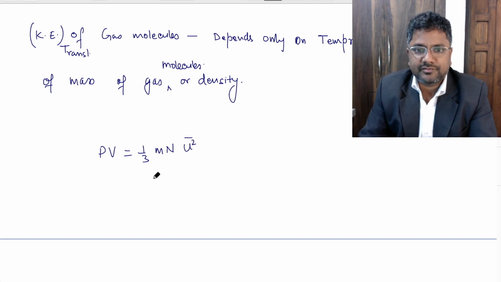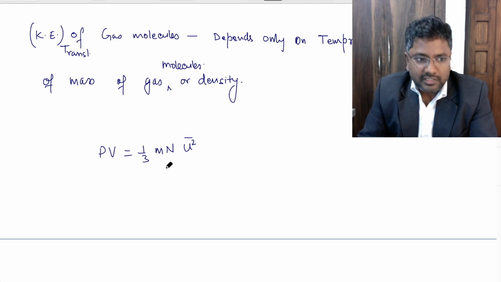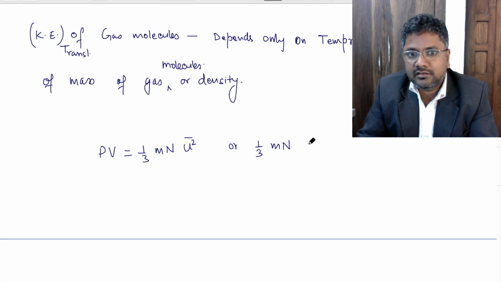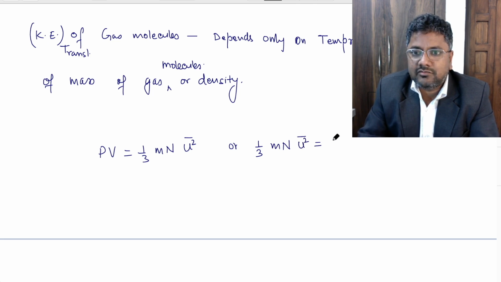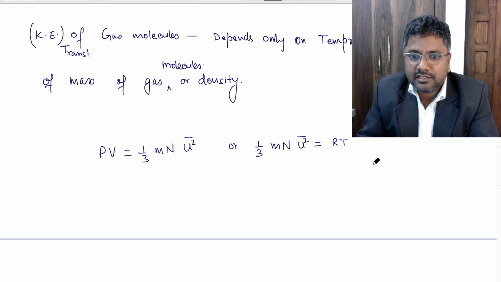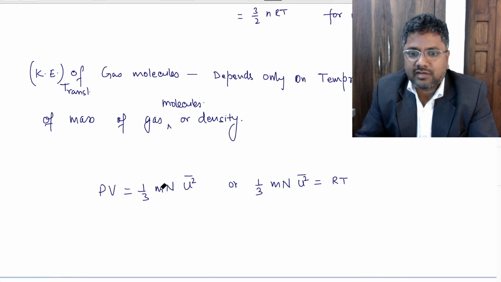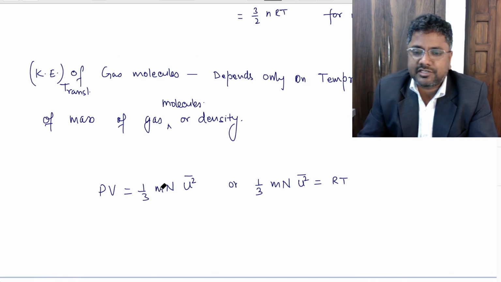This is the equation, okay? In other way, we can write 1 by 3 mN u bar square is equal to RT, because PV is equal to RT, the equation of state we can use.